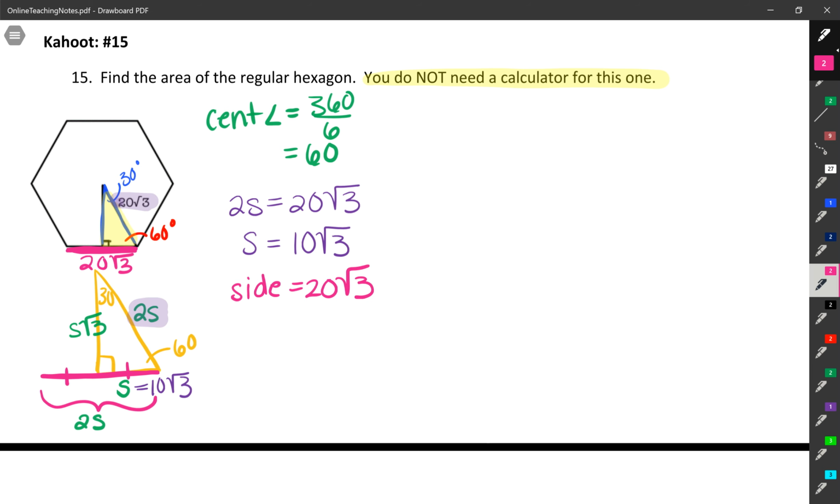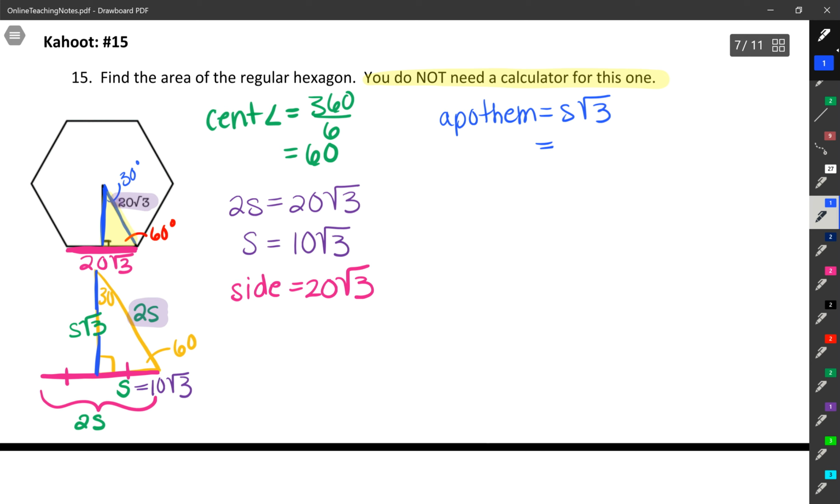And then the apothem. The apothem here is this length right here, and that's going to be S square root of 3. So the apothem is equal to S times the square root of 3.